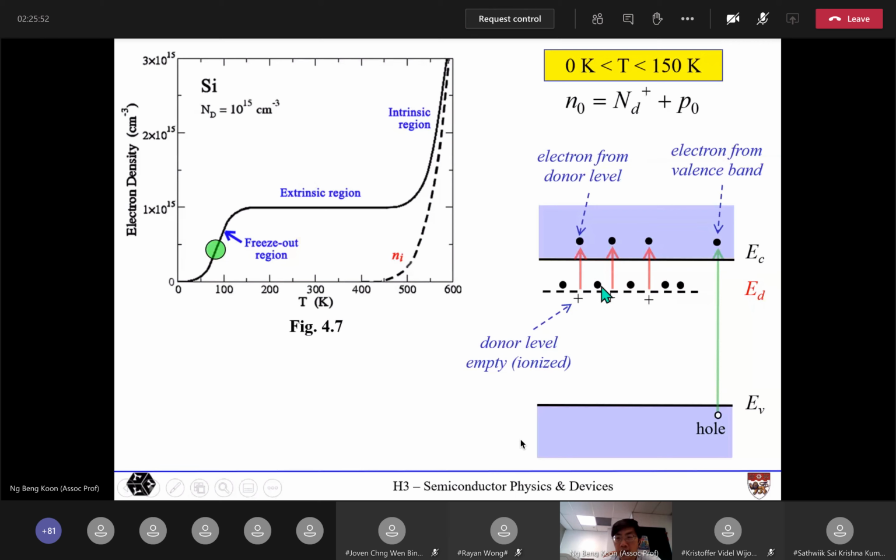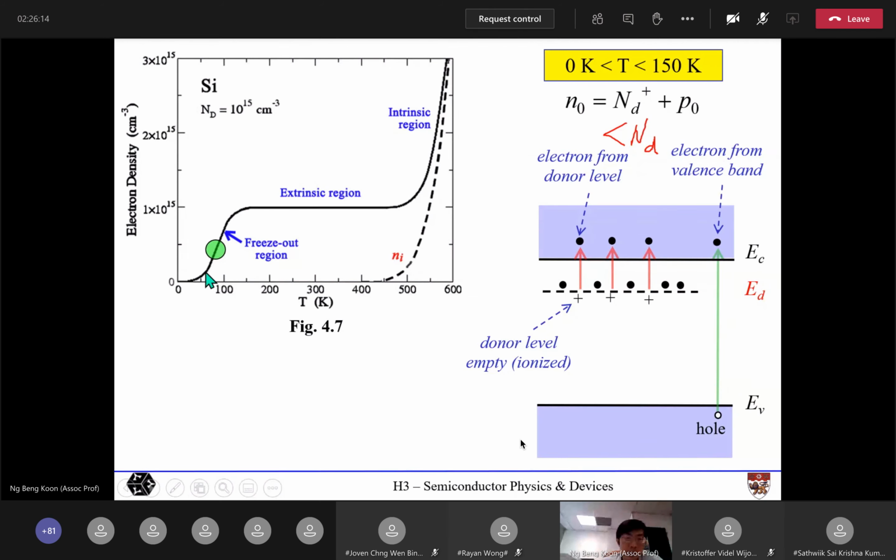Those that haven't ionized, the electrons are still in the donor level. Obviously ND plus would be less than ND, because in this particular scenario, not all the donor atoms have ionized. And of course the other source is the P0, the band-to-band transition.